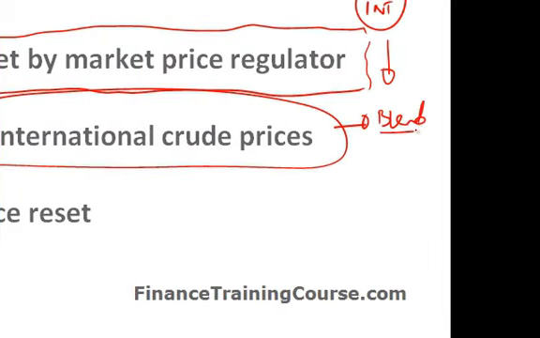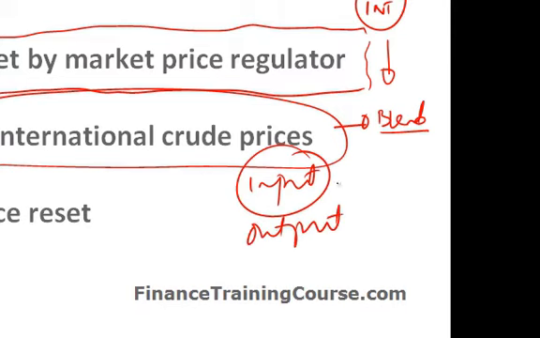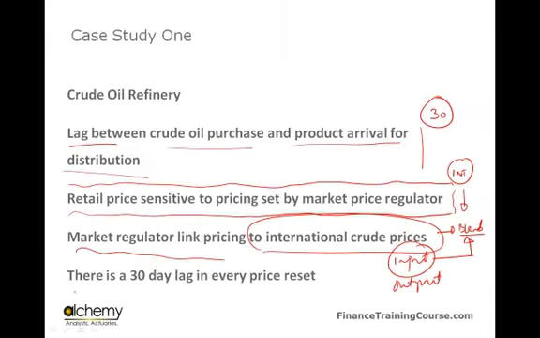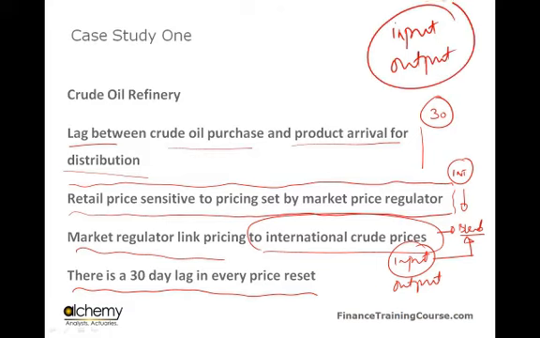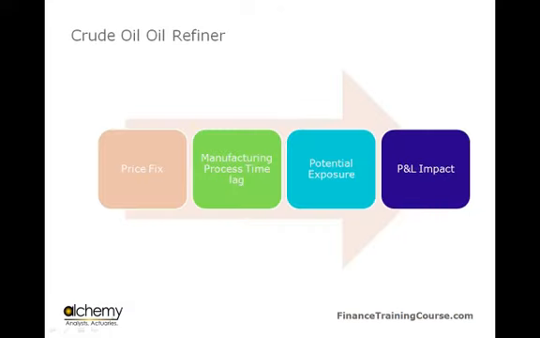So there is also a question of how closely the input that they consume to produce the output is related to the international blend used by the regulator to set prices. There is a 30-day price lag in every price reset, both on the input side and on the output side. Right? So that's the context for our case. Now let's see how we move forward.